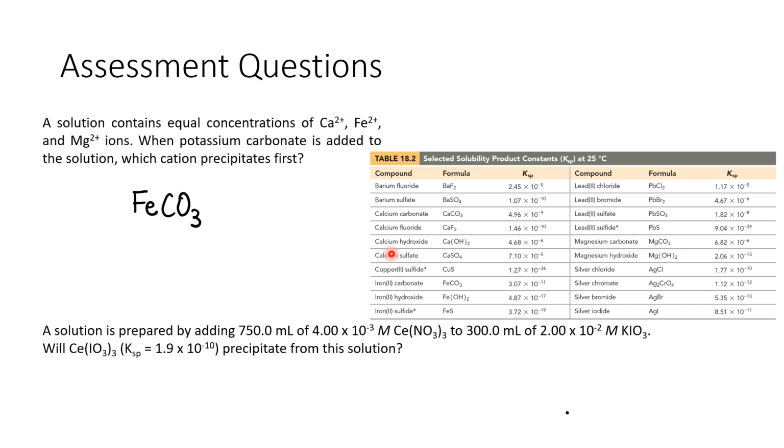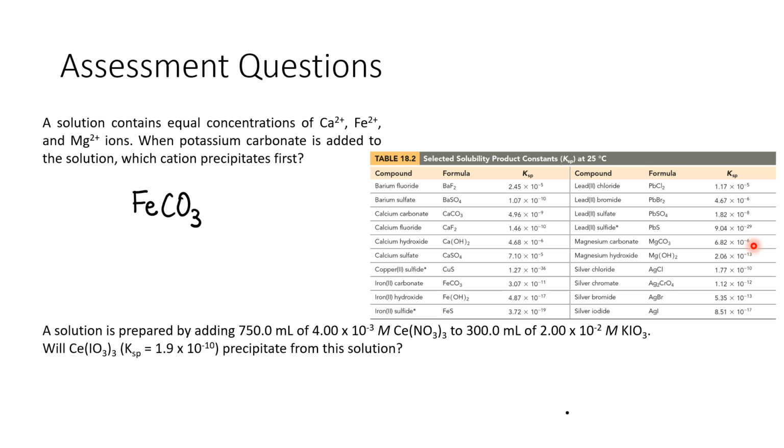Now what's going to precipitate out next? If I keep adding carbonate, the next one's going to be calcium carbonate, followed by magnesium carbonate, right? Think about it. Because the magnesium carbonate KSP is so large, what that's telling you is that you can afford to have more carbonate ion in your solution, right?